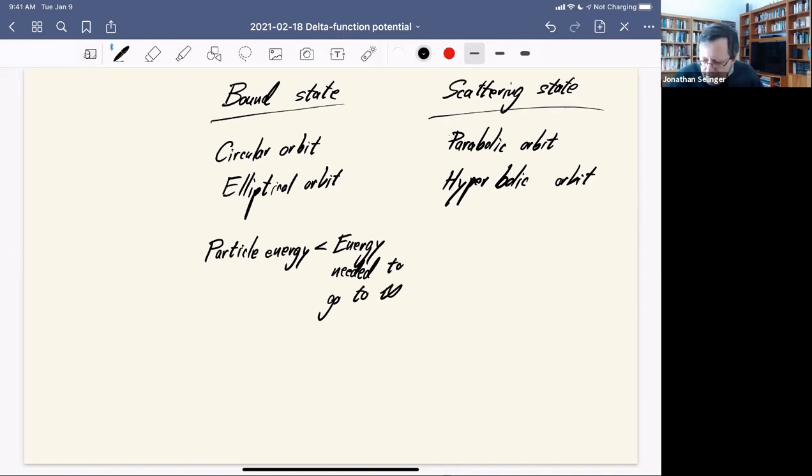And for a scattering state, the particle energy is greater than or equal to the energy needed to go to infinity.